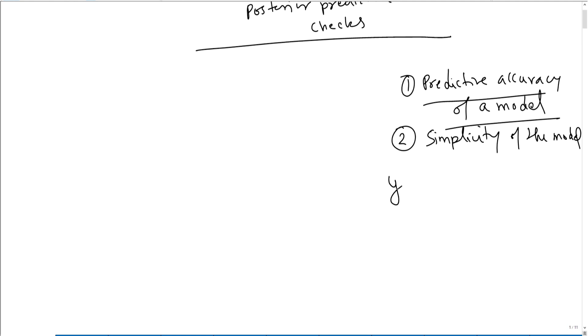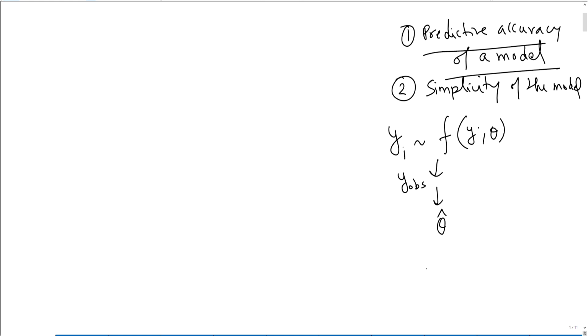You are interested in explaining this outcome y. Let us say you assume that yi comes from this model f of y theta, and you observe some data, let us say y obs. You fit the model to this data. Basically, that means we estimate our parameter theta, and let us say theta comes out to be theta hat. In the frequentist framework, it would be just a point value.